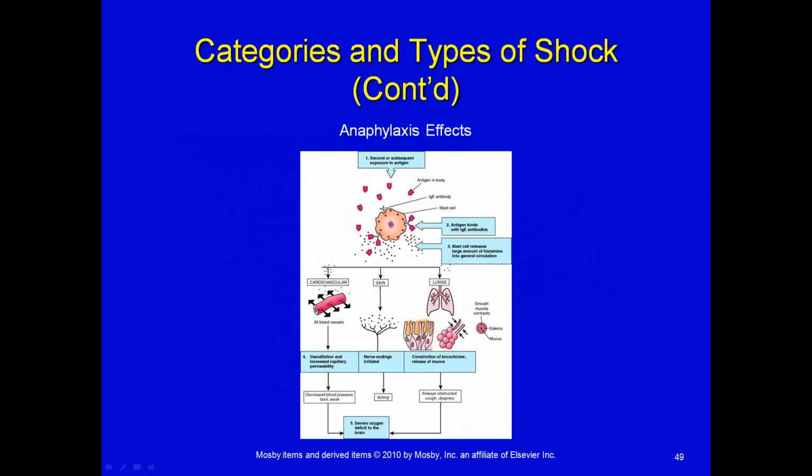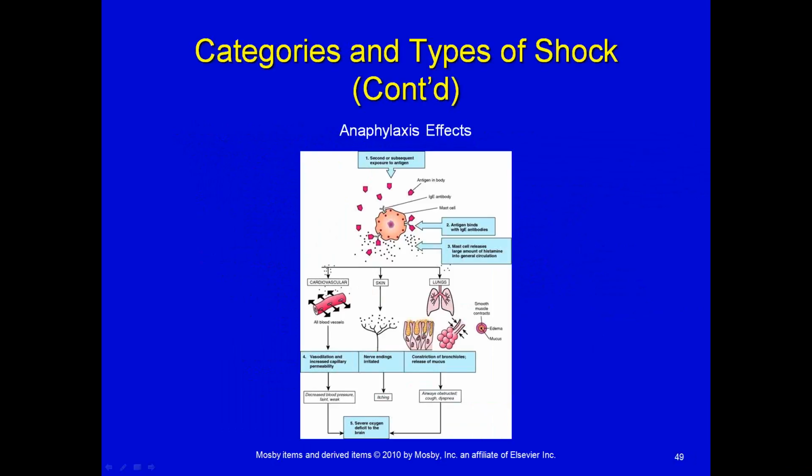However, anaphylaxis is truly a life-threatening condition where you get exposed to an allergen, and then antigens in the body attach to the immune globulin E antibodies on the mast cell, causing a huge release of histamine and bradykinin, which dilate the blood vessels, which constrict bronchioles, and those sort of things.